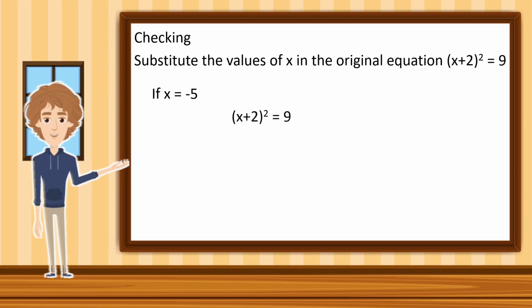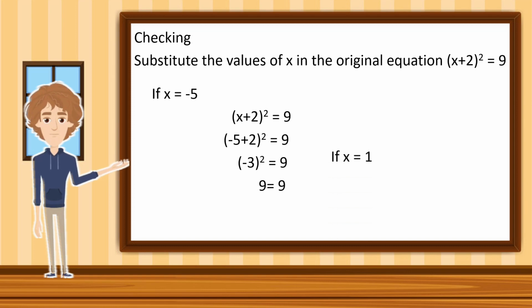We have negative 5 plus 2, quantity squared is equal to 9. Then negative 5 plus 2, that is negative 3. And then we are going to square negative 3, and we can come up with 9, that is equal to 9. So the first root is negative 5, and we are correct.